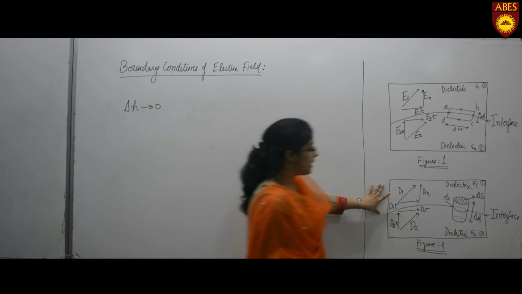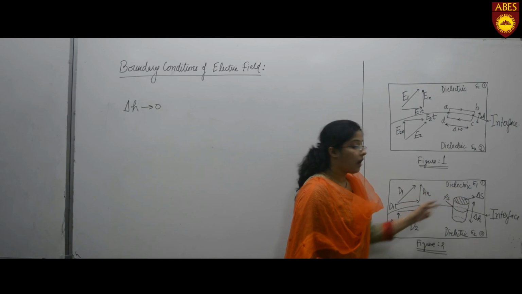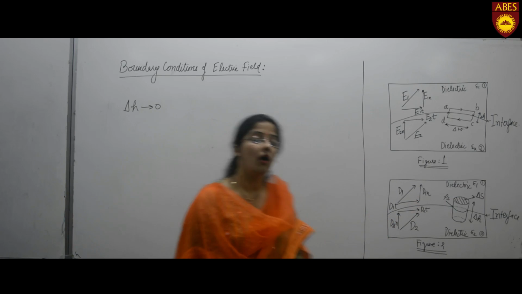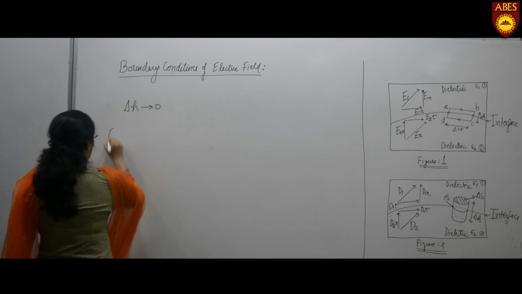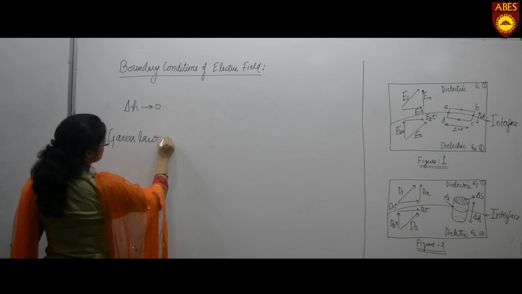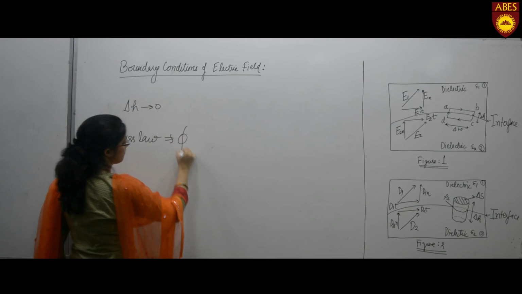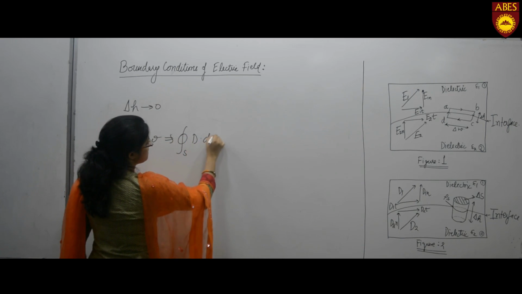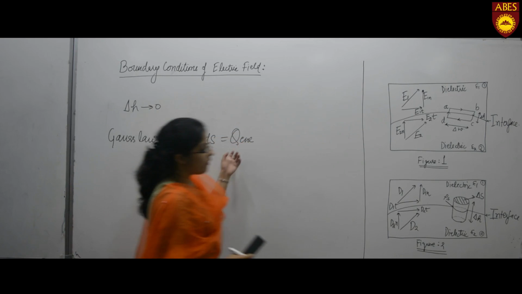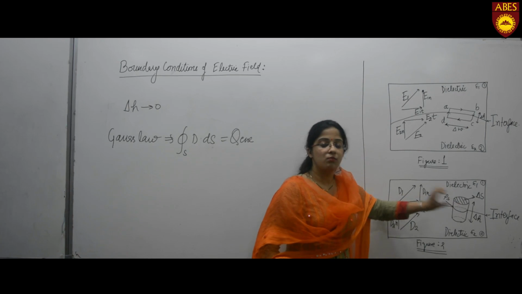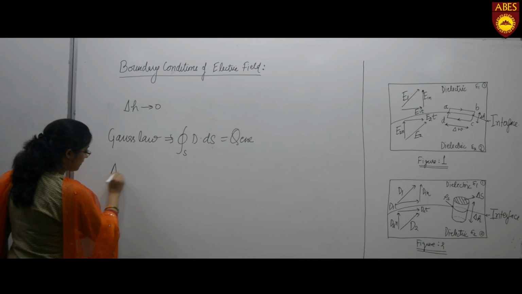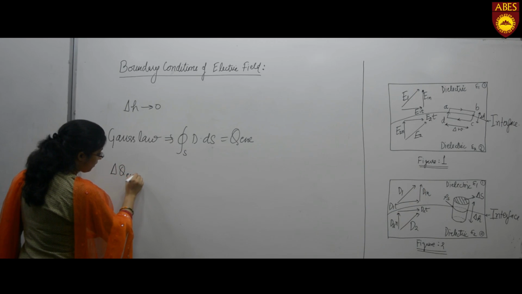Now for calculating the boundary condition for this case, I have to again use the second type of Maxwell's equation, which I have already told you, which is Gauss law, which is D dot dS equals Q enclosed. But over here we have taken a very small part, that is why the charge which we discuss over here will be denoted as dQ enclosed.